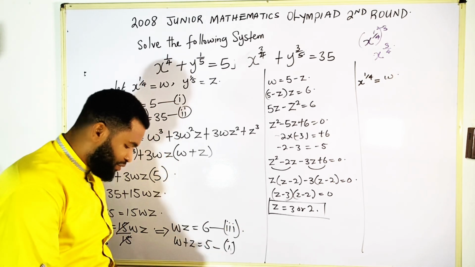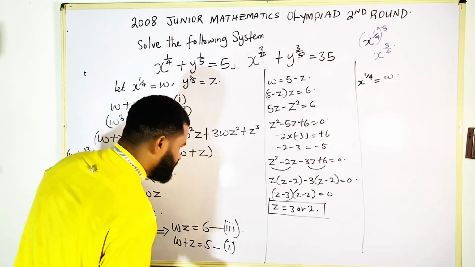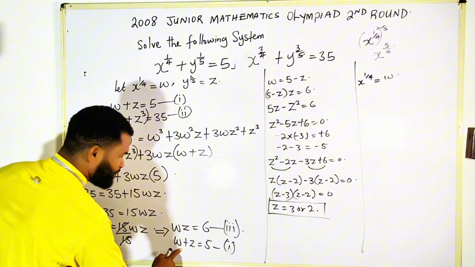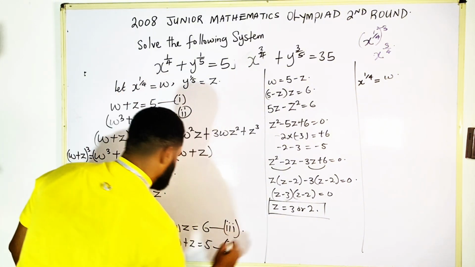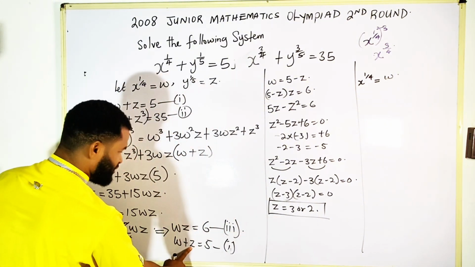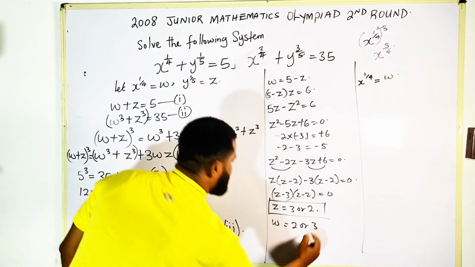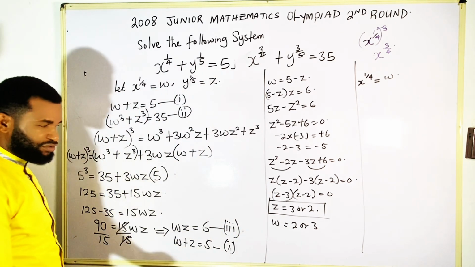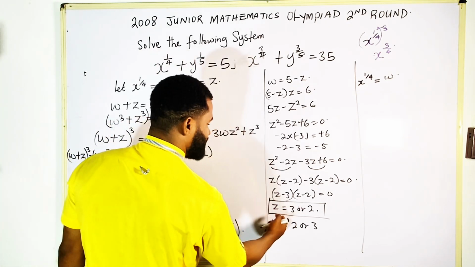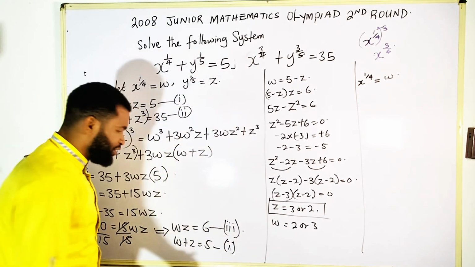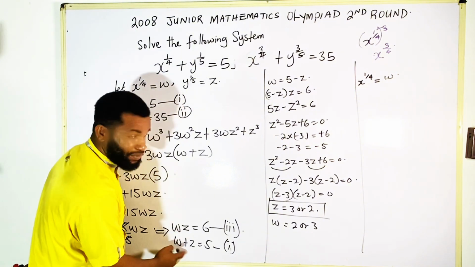I have to find w. So if I put z to be 3, w is also going to be 2 or 3. So w is going to be 2 or 3, and z is also going to be 2 or 3, because what I found was just z, I have to find w.